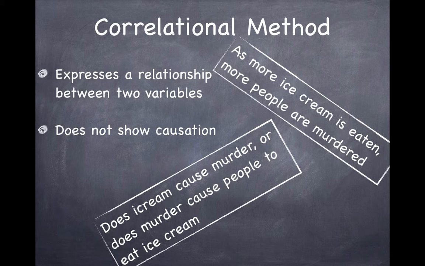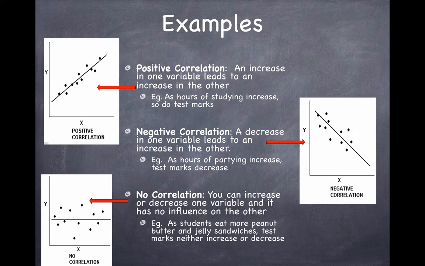Now, I'll try to give you some brief examples here. There's a positive correlation, a negative correlation, and no correlation, and you see the three diagrams. In a positive correlation, an increase in one variable leads to an increase in another. As the hours of studying increase, so do test marks.